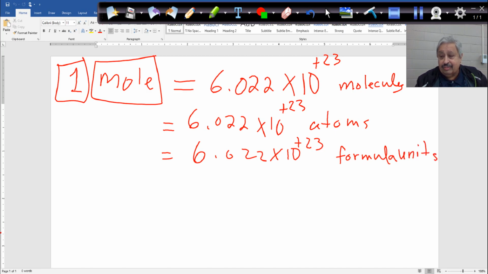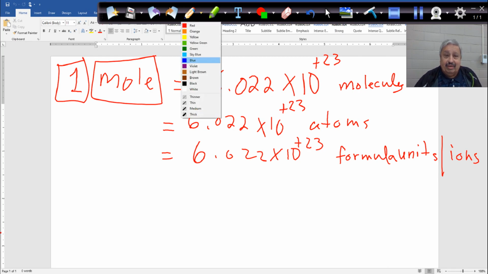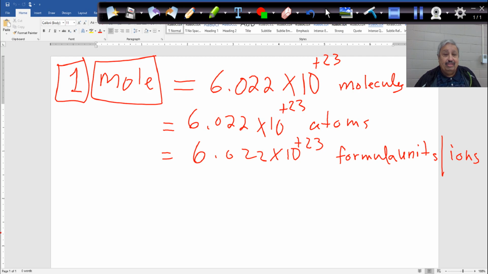So units, or we call them ions. Now this is by far Avogadro's magic number. By the way, those are experimental values. He used different gases, and every time he came up with this number. So this is honored by his name, Avogadro's number.